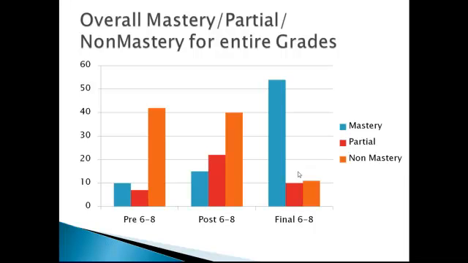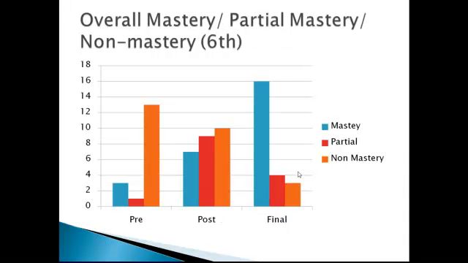The pre-assessment drives my instructional path for the units. I gather the data and analyze it in several different ways. I disaggregate the data by grade level and by standard.